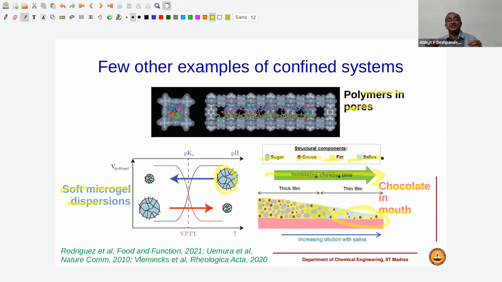The thinnest possible film is what determines our perception of how rich a chocolate feels. Therefore, there has been a lot of attempt to look at traditional rheology, but measure the viscosity or other properties in very, very thin films.